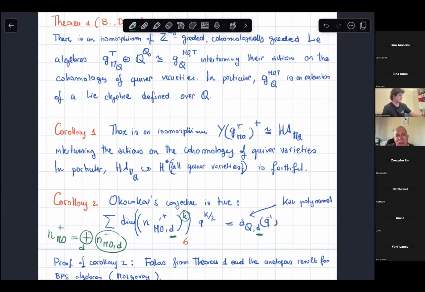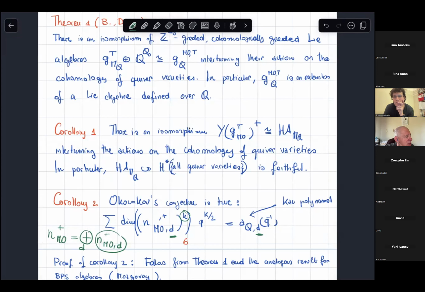But I have a question. It's sort of long ago. There is an analog of the Katz polynomial for counting absolutely indecomposable vector bundles on a curve over a finite field. I think it was introduced by Schiffmann.